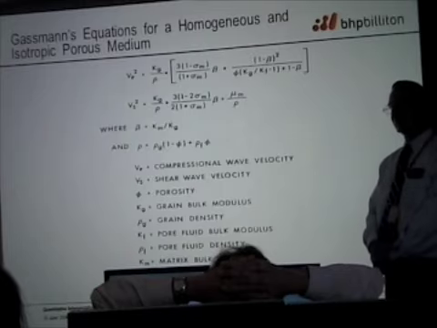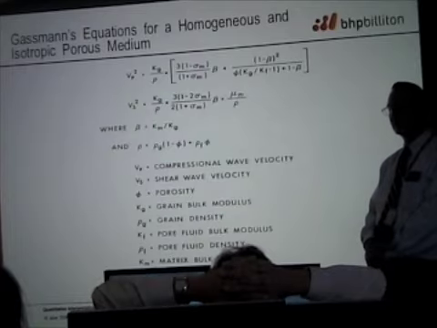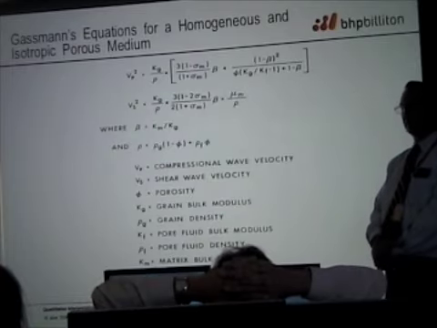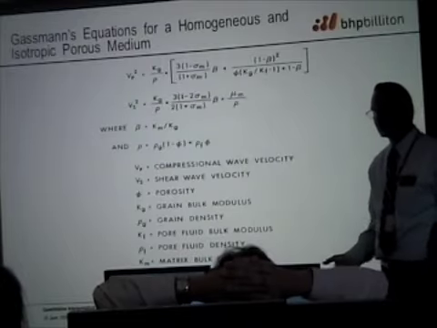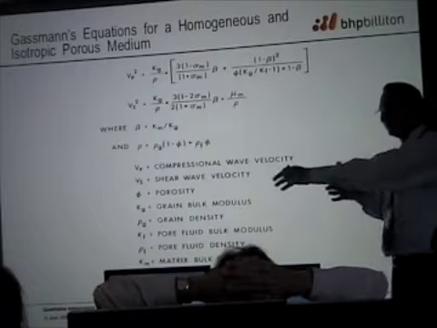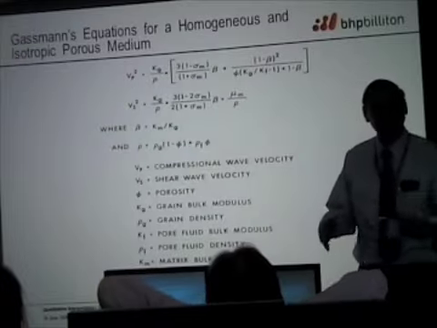What do we know about sigma sub m and k sub m? They are properties of the evacuated matrix. The evacuated matrix doesn't change. Its properties don't change. The architecture doesn't change when I pull one fluid out and put another fluid in, so long as I'm not putting in an acid or something, dissolving rock.